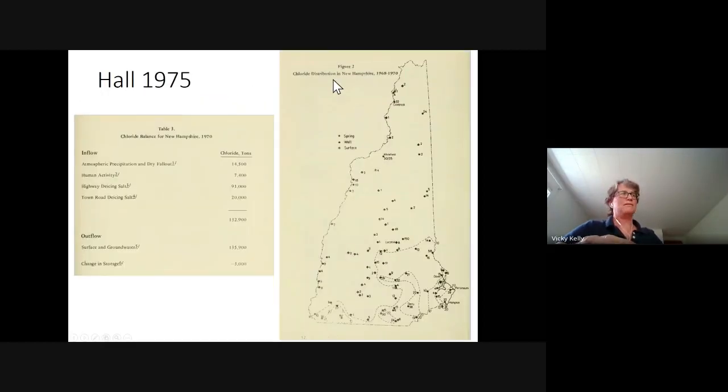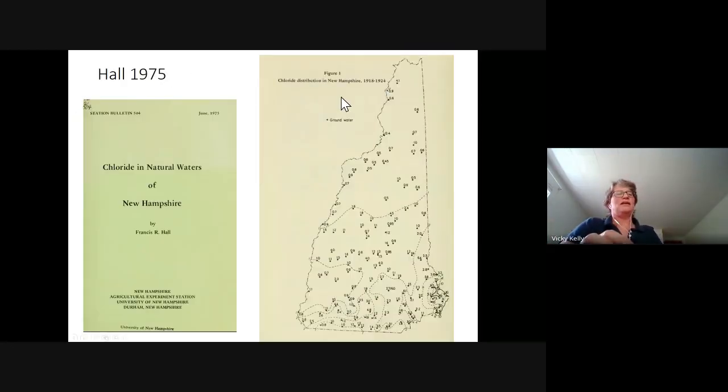This is from the 1918 to 1924 time period. And what they found was that the concentrations in the groundwater in New Hampshire ranged from 0.4 to 4.1 milligrams per liter. So this is pre-salting days.